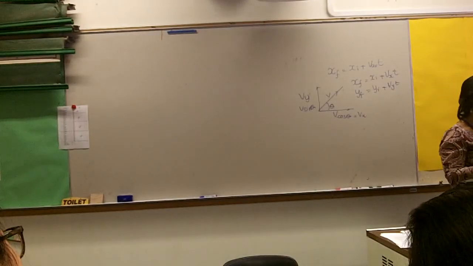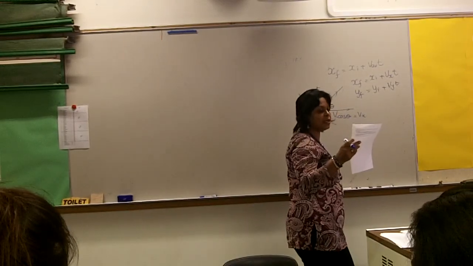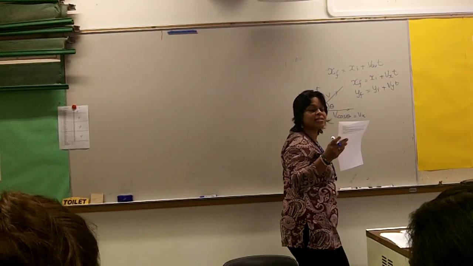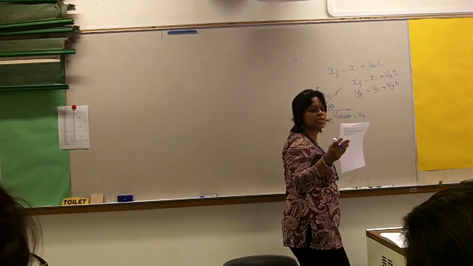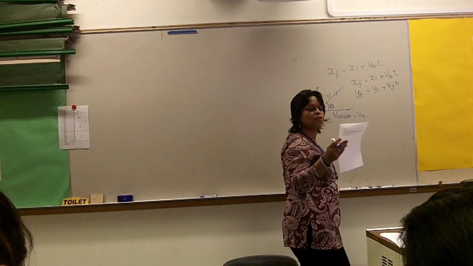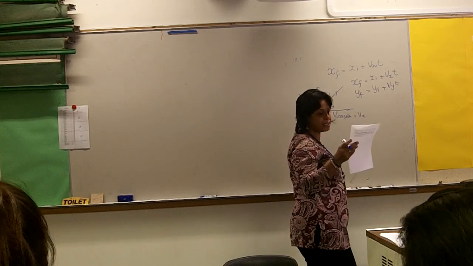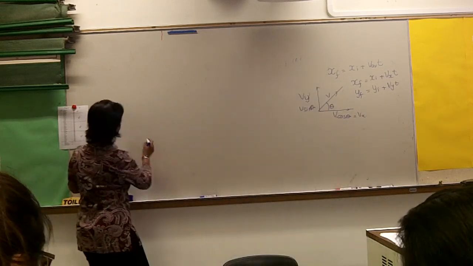Okay? So, doing the second question: a hummingbird is flying with a speed of 4.6 meters per second.